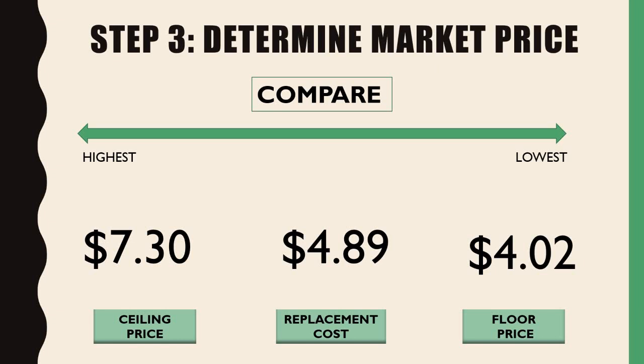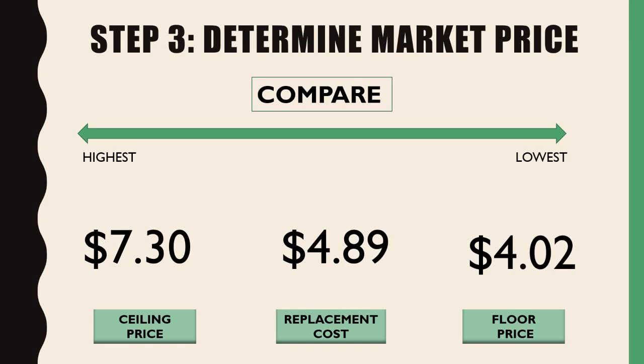In this case, I have it from highest to lowest. My highest value is my ceiling price at $7.30. The lowest price is my $4.02, which happens to be my floor price. And what's in the middle is my replacement cost at $4.89.